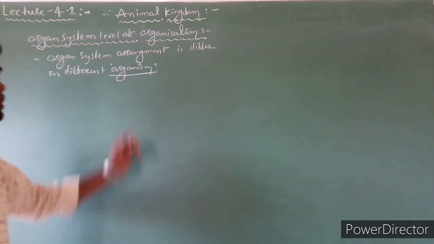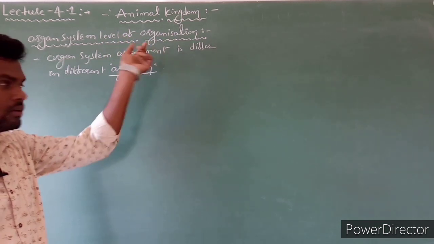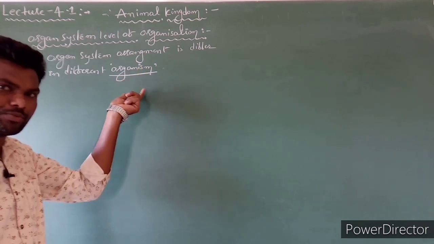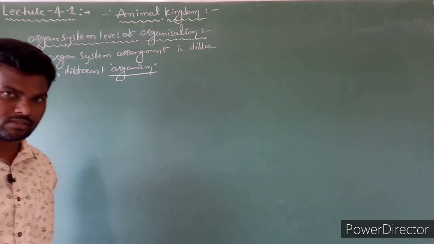Clear? In this organ system level of organization, the different organ systems, the functions, the arrangement, the complexity, that is also different in different organisms.